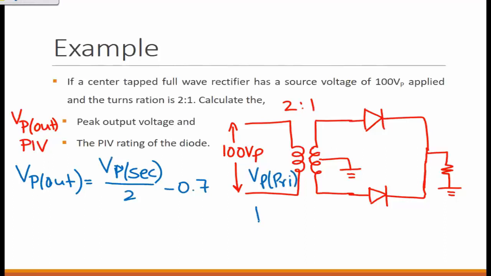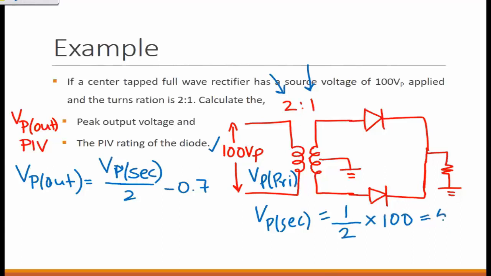So for secondary, remember what we do for secondary? Use the ratio. You start with the secondary value divided by the primary, which is 1/2 times whatever the primary voltage is, which is 100 volts. Again, everything should be in peak.